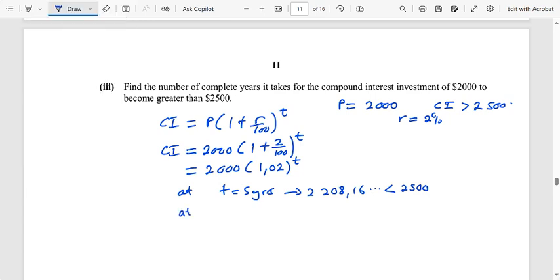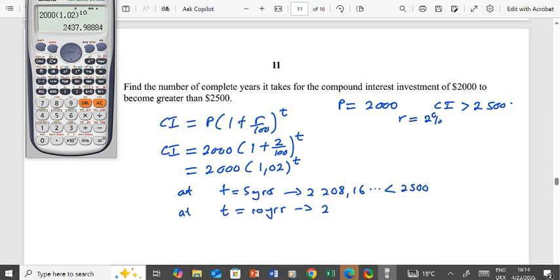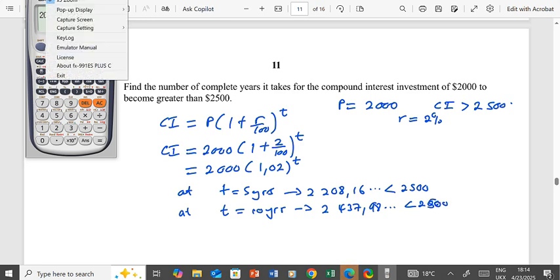So we try maybe at T equal to 10 years to see what we get. So at T equal to 10 years, I'm just going to change 5 to 10. So that's 2,000 times 1.02 to the power 10, which gives 2,437.98 something, which is less than 2,500.